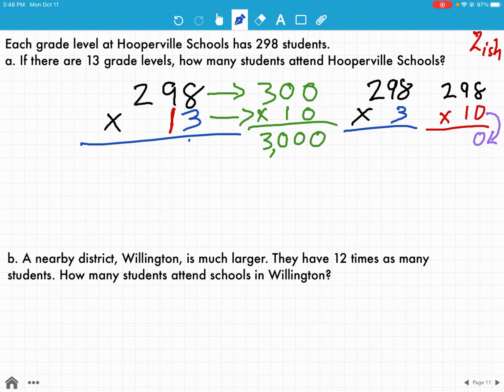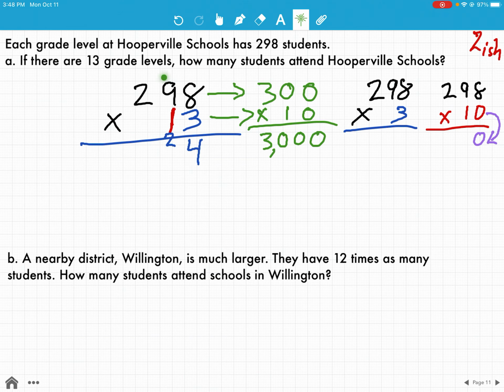So 8 times 3 is equal to 24. I'm going to put a 2 here. So as you can see, here's my 4 and here's my 2. There's my 24. That's one of the reasons I like you to put it here so you can see it. So it's 24.